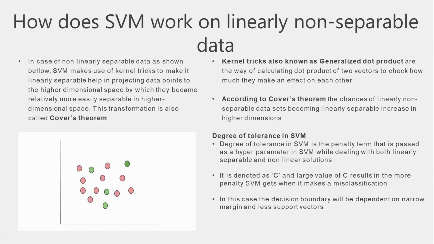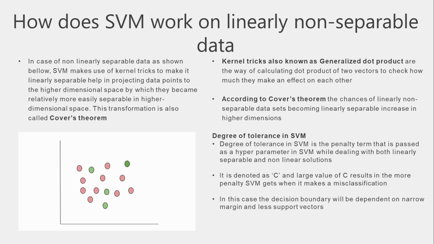On the other hand, in the case of non-linearly separable data shown below in the image, SVM makes use of kernel tricks to make it linearly separable, projecting data points to a higher dimensional space, where they become more easily linearly separable.